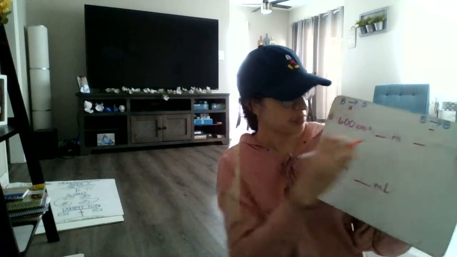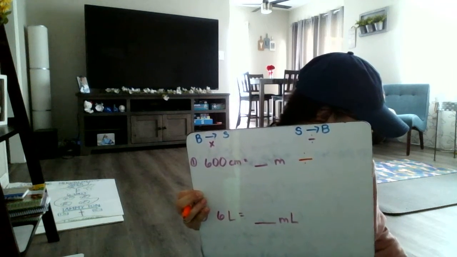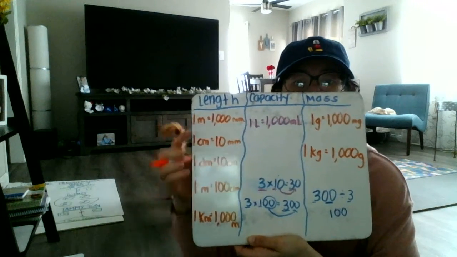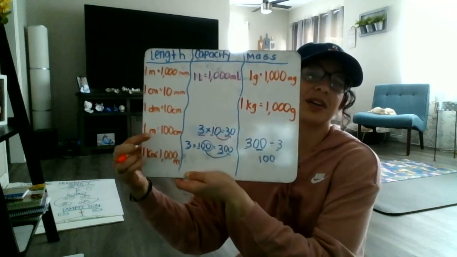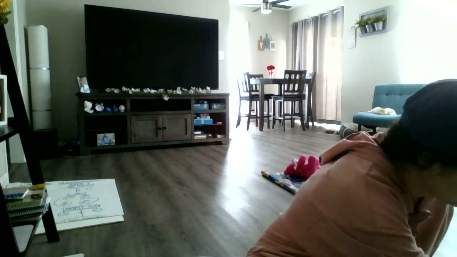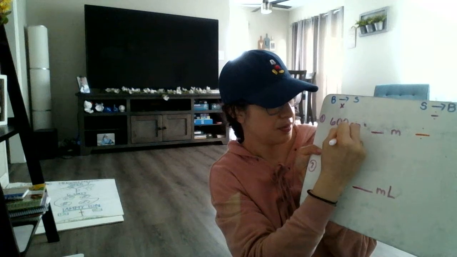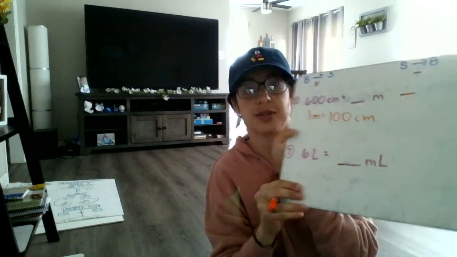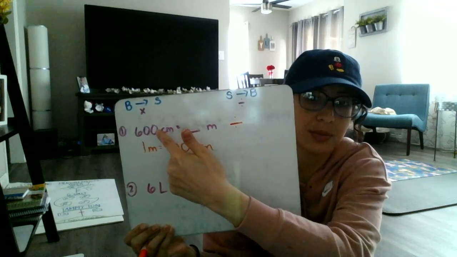I already know that. So then I have to look from centimeters to meters. Let's look here. Where would I find that? Centimeters to meters. Right here. In 1 meter, there is 100 centimeters. So what do you think I'm going to do with this number and this number?